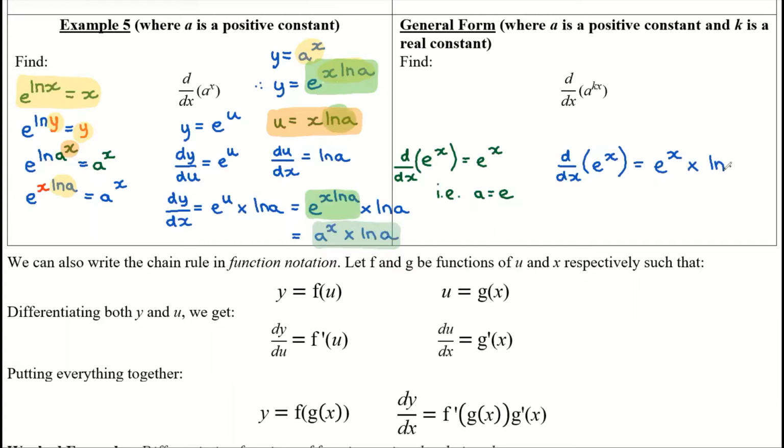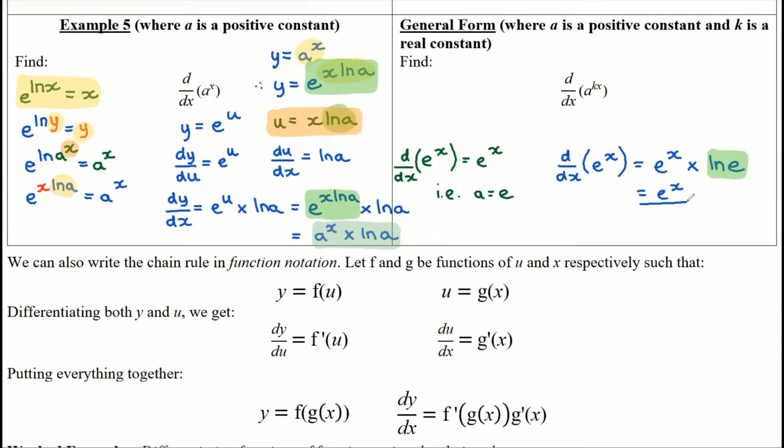Well, the natural log of the base is, of course, e. And what do we know about the natural log of e? Well, these are inverse functions, aren't they? The natural log of e is just going to be 1. So we get e to the x back. Okay, so e to the x is just a special case of all this.